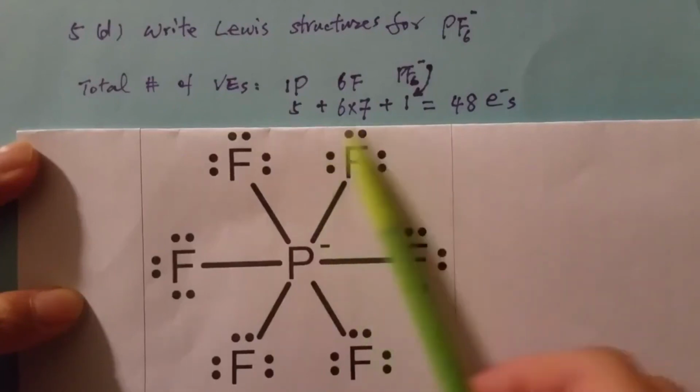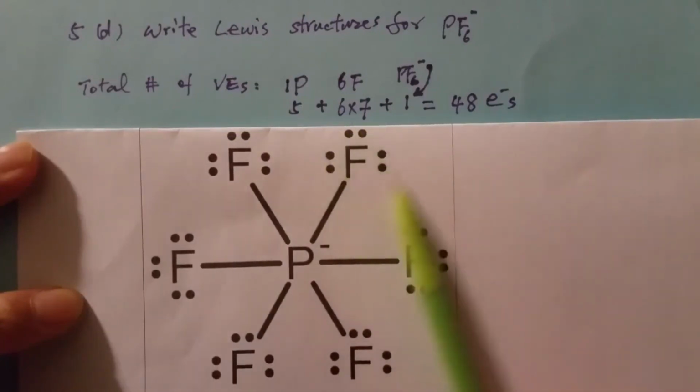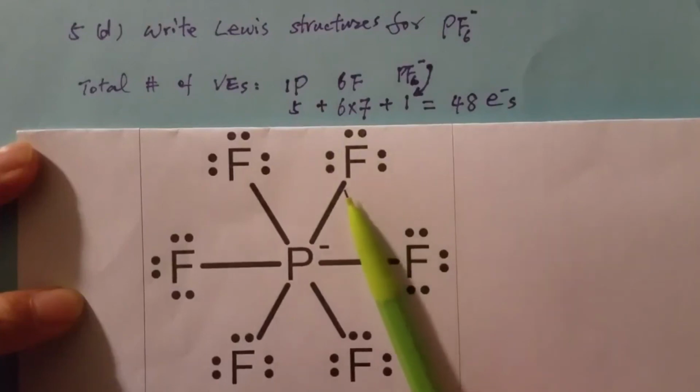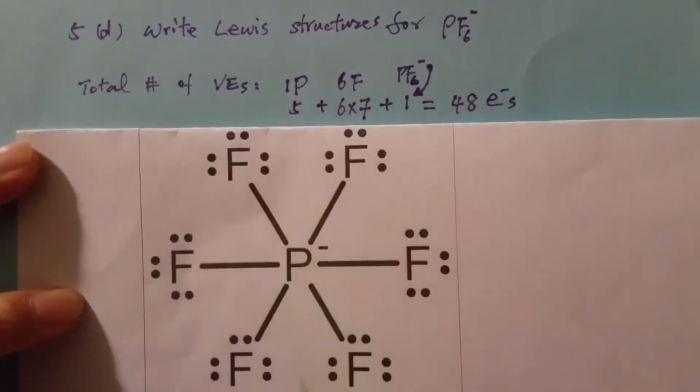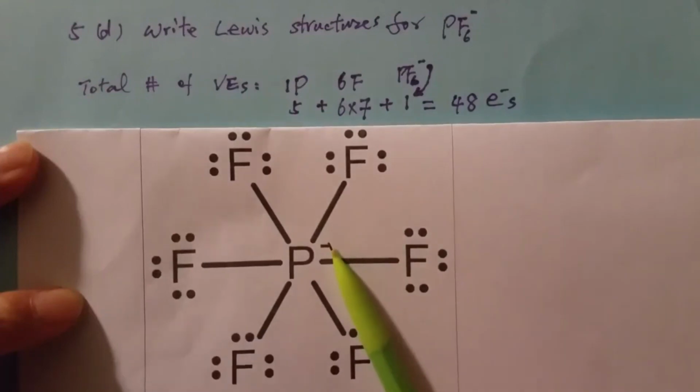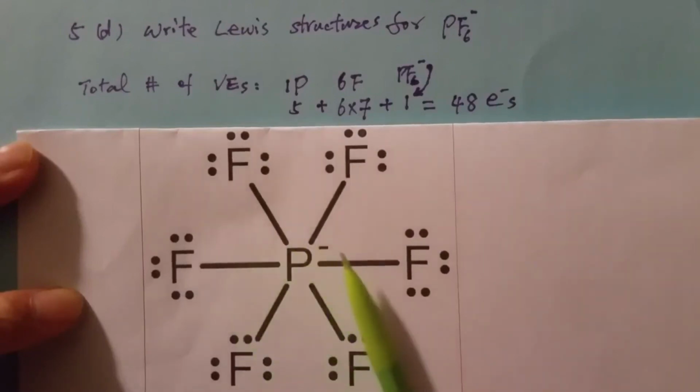For each of the fluorine, of course, they have 8 electrons, and that satisfies the octet rule. But phosphorus obviously does not follow the octet rule, and that's okay. That's called an exception to the octet rule. For the central atom, sometimes it has more than 8, and that's allowed, and that's the most stable one.